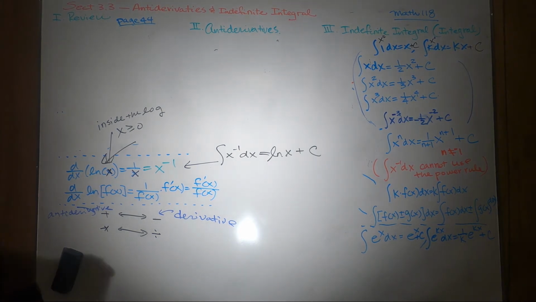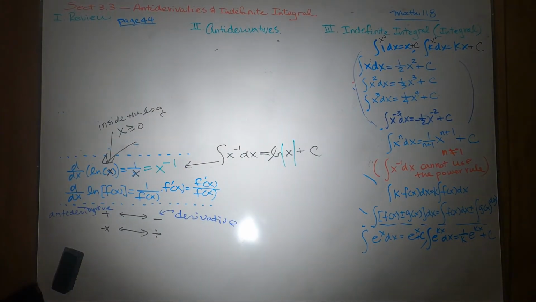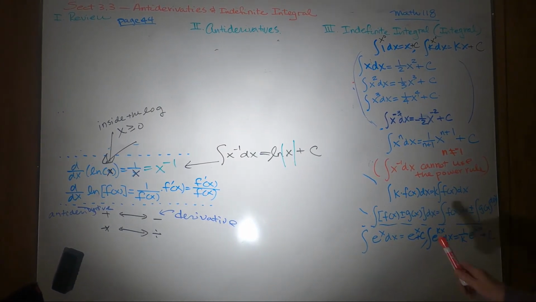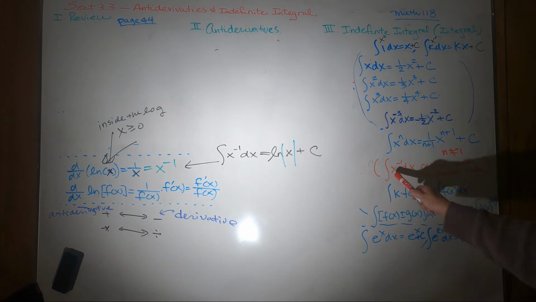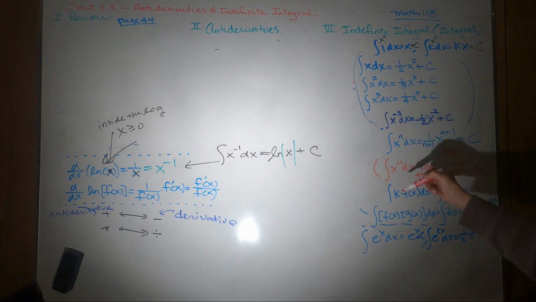So when we go back, we should put an absolute value there. Okay? So what we said here is that this one cannot use the power rule, cannot go one level higher like those.